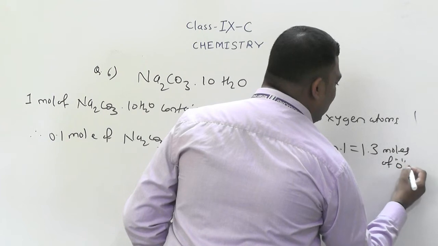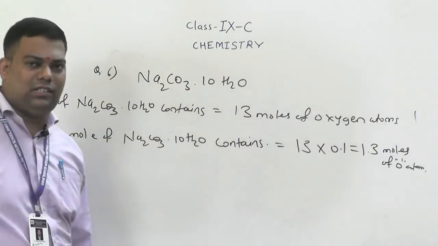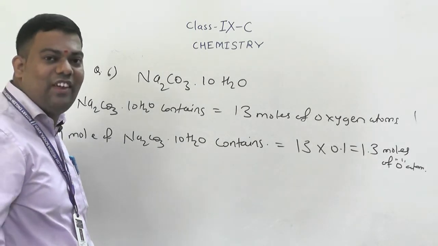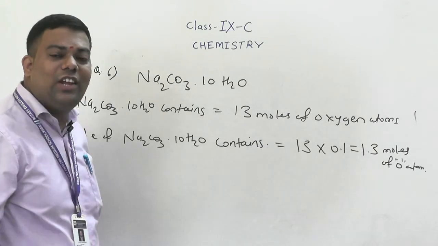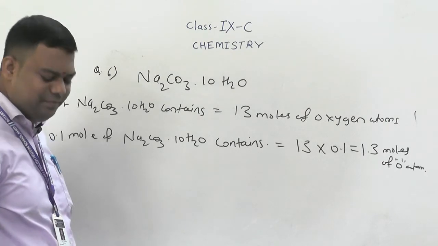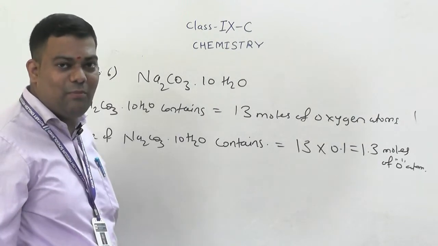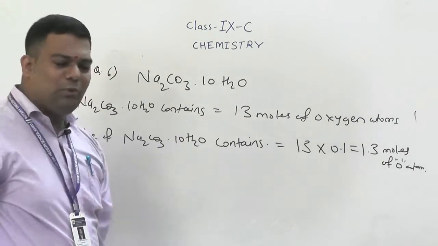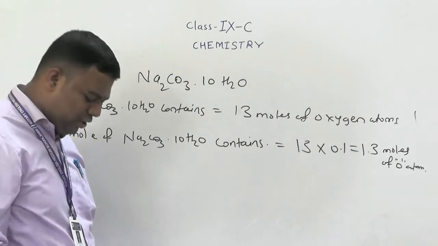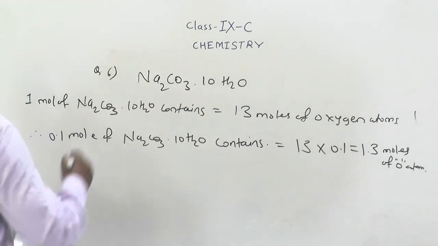We want the mass of that. Calculate the number of grams of oxygen. Whatever they gave in the question is also important: the number of grams they want. Here we calculated 1.3 moles of oxygen atom, so for that we multiply by the atomic mass of oxygen.